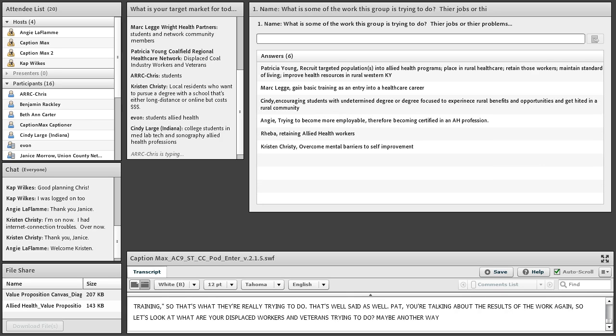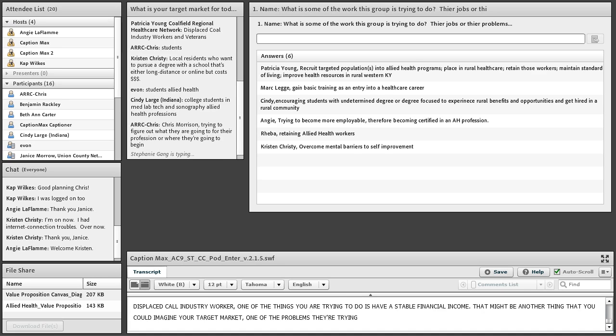Pat, you're talking about the results of the work again. So just think about what your displaced coal industry workers and veterans are trying to do. Another way to think about it is, if you're an unemployed or displaced coal industry worker or veteran, one of the things you're trying to do is have a stable financial income.